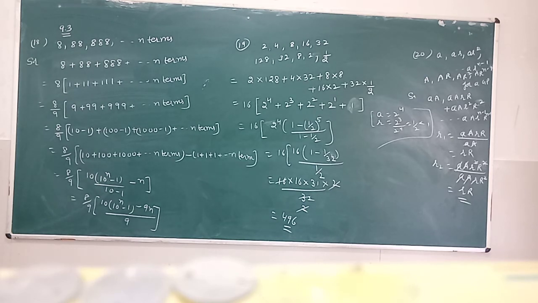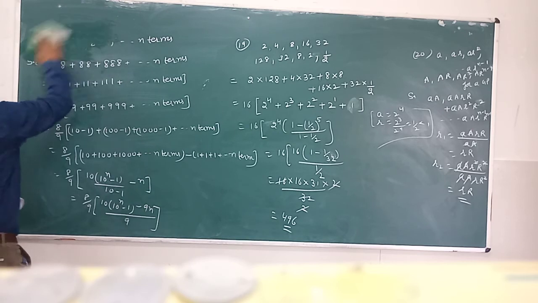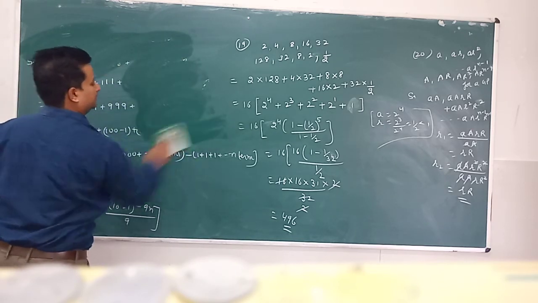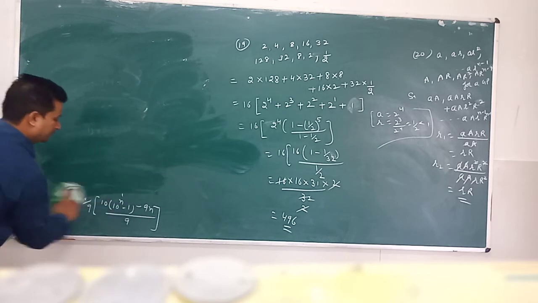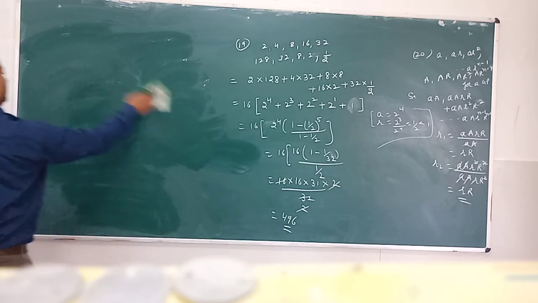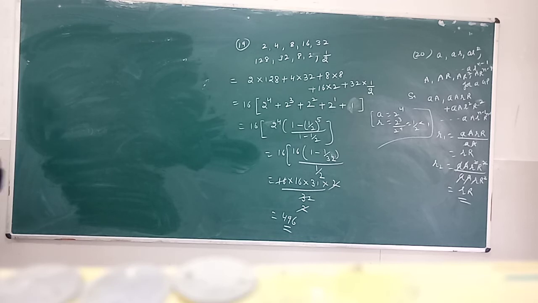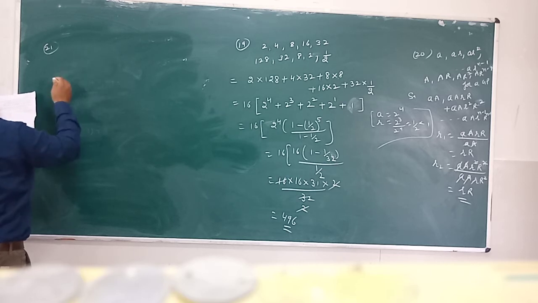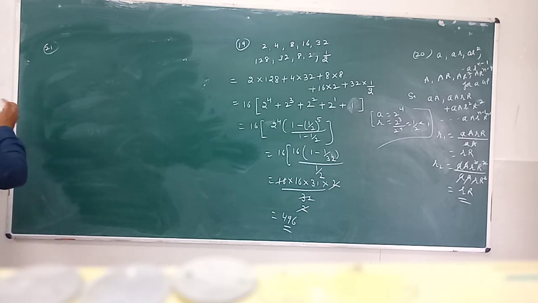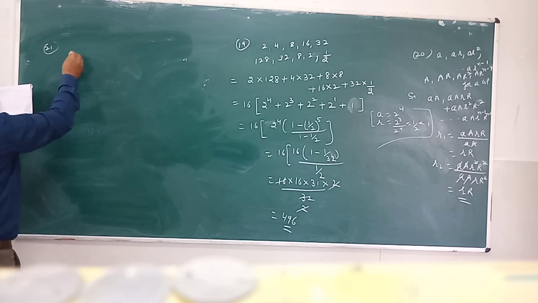In question number 21, the statement is: the first and the last term of a GP sum to 21.